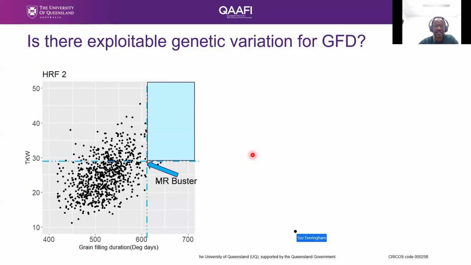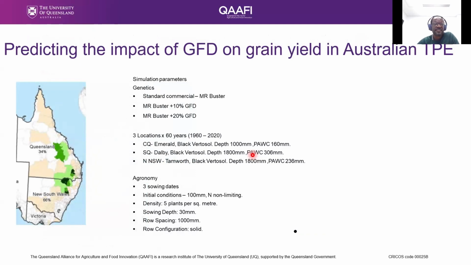And we try to answer this question through a modeling platform where we attempted to predict the impact of increasing grain filling duration and how that will have an impact on yield across Australian target population of environments where sorghum is grown. And we simulated some genetic parameters where we simulated a standard genotype that is Buster and then added 10% grain filling duration or 20% grain filling duration, and also simulated a reduction in flowering time with an increase in grain filling duration.